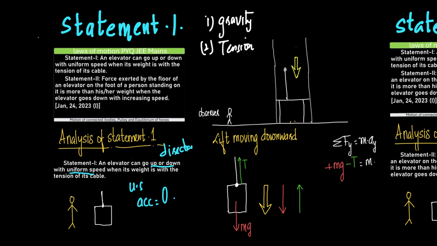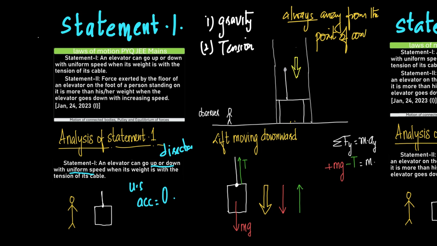Tension. What is the direction of tension? Tension, as we say every time, is always away from the point of contact. Maybe I can just write it over here. Tension is always away from the point of contact.